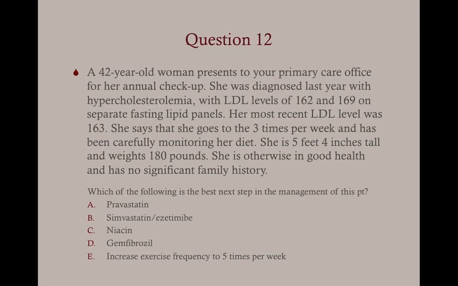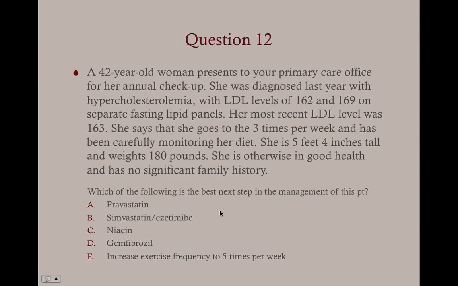So remember that if you're abnormal, but you're not more than 30 points abnormal, it's just going to be diet and exercise. And remember what the abnormal levels are, 160, 130, 100, or 70, based on if it's 0 to 1 Framingham risk factors, 2 or more Framingham risk factors, if they have 1 diagnosis of AAA, PAD, CAD, or diabetes mellitus, or 2 or more of those diagnoses.